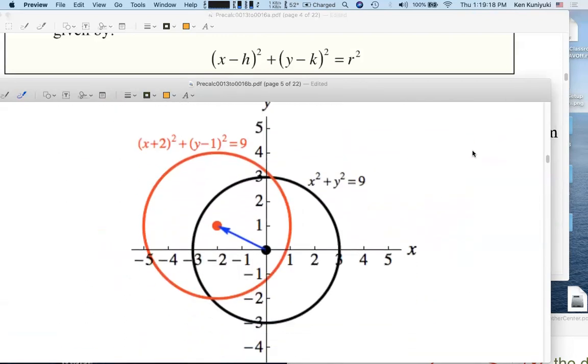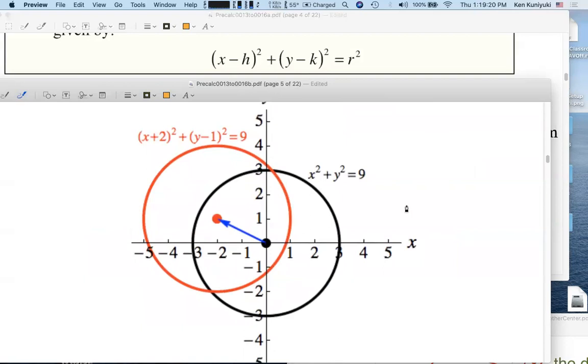Okay, so let's compare the two circles we've just seen. This is called a translation. When we go from this equation in black to this equation in red, we're translating the corresponding graph. We're translating the circle. We're talking about translations in general in chapter 1.